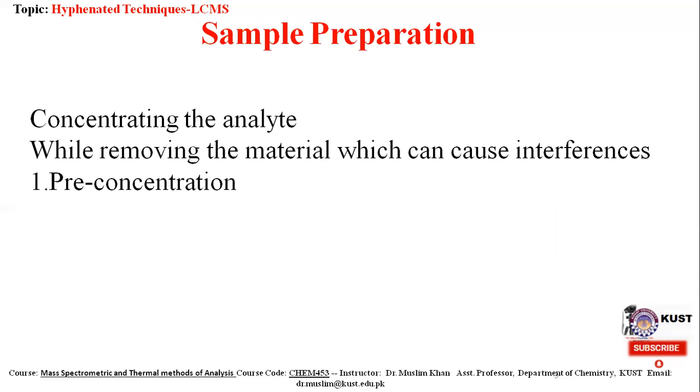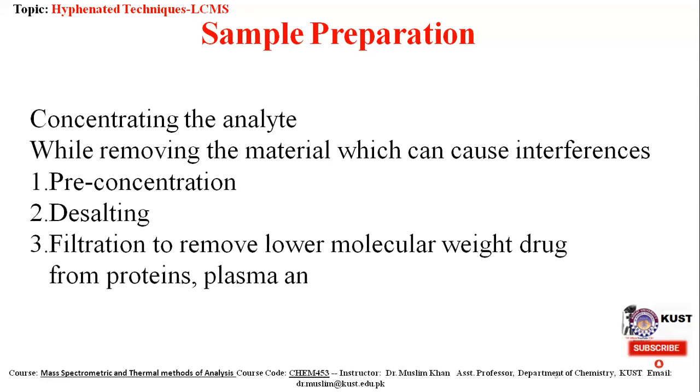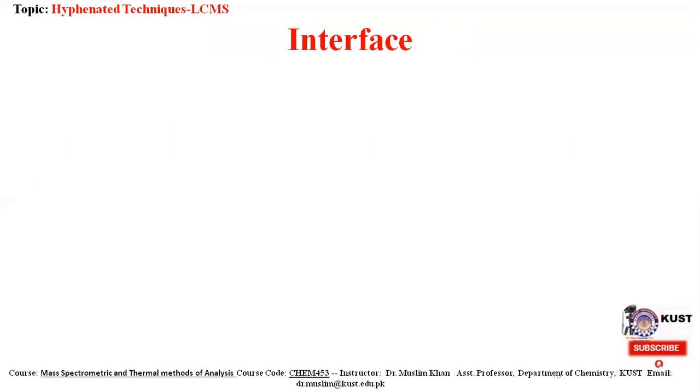Pre-concentration is one of the techniques used for sample preparation, and desalting is usually used to remove salts like NaCl, potassium chloride, or potassiums, and filtration to remove lower molecular weight drugs from proteins, plasma, and milk.